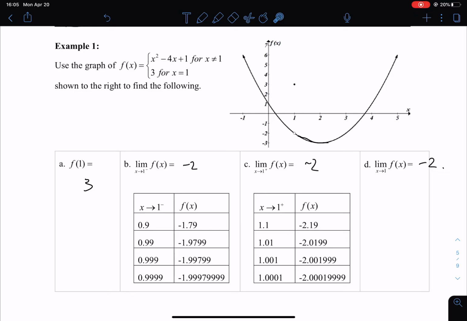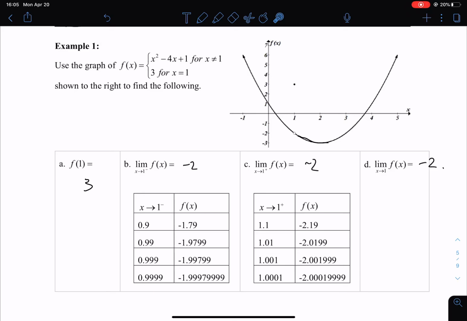And the second kind of question is, instead of giving this function graph, you are only given this table. So make sure you understand why they are the same thing. If we are only given this table and x goes to 1 minus, you can see here 0.9, 0.99, 0.999, all of them approach 1 from the left side.